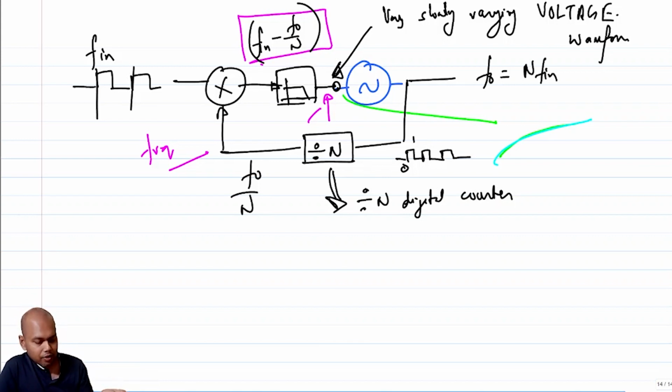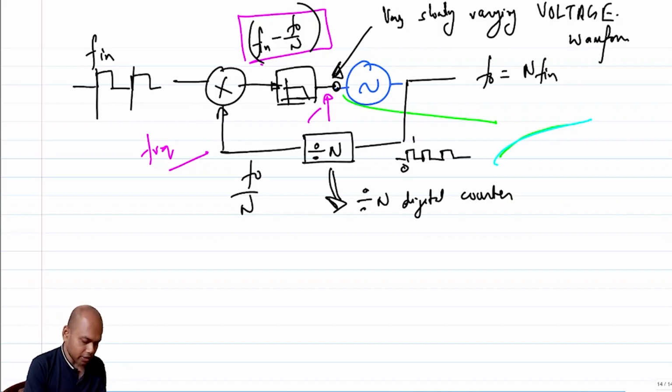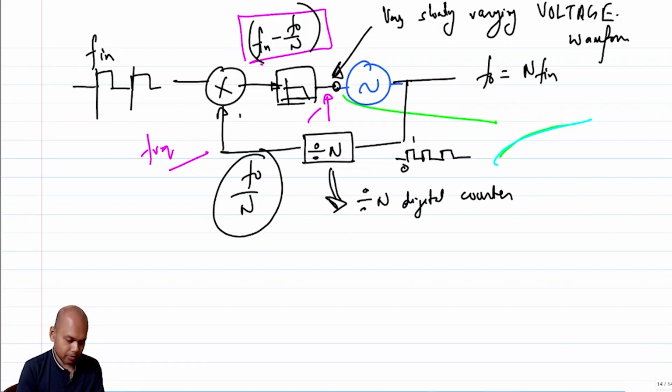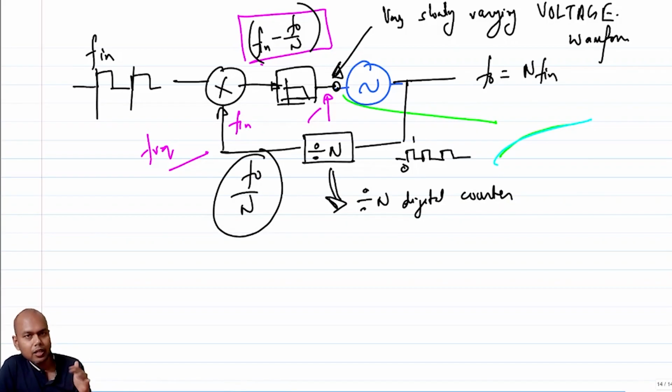And under what condition will it stop? It will stop, at least in the block diagrammatic sense, only when this becomes F_in, right?